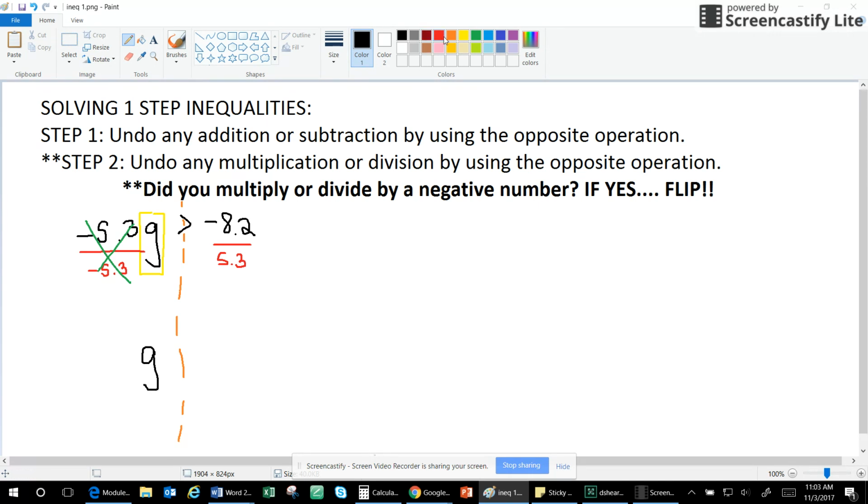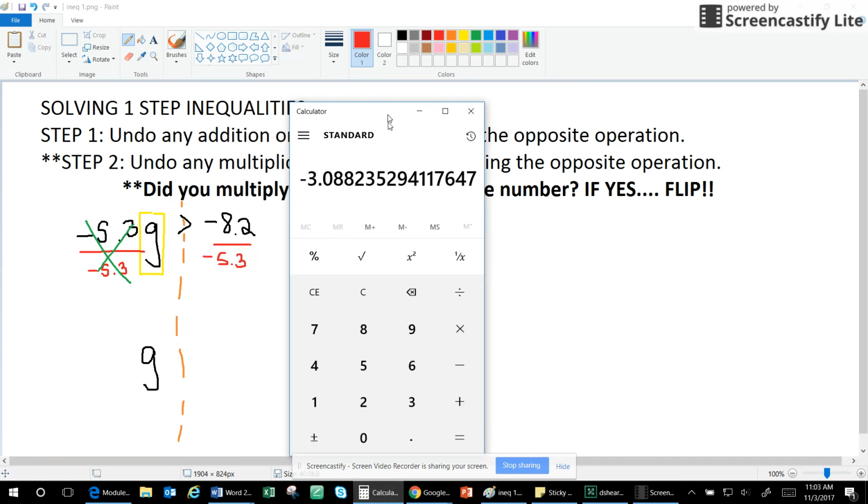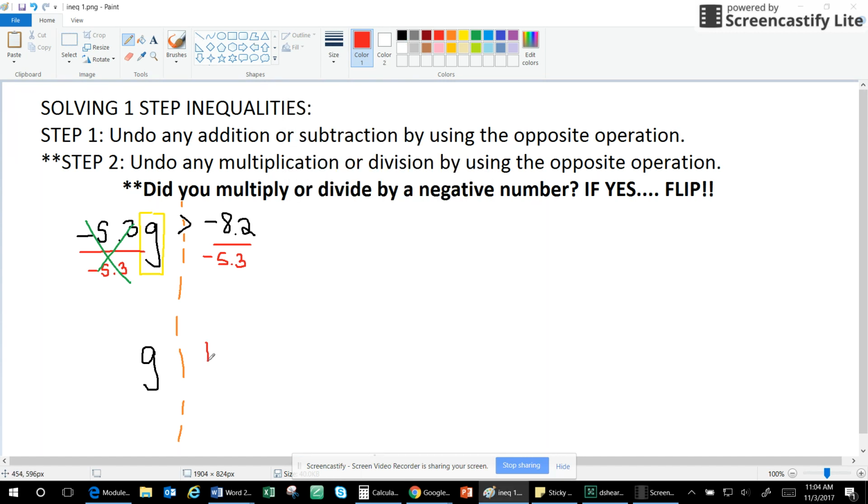And I forgot my negative sign here. But we have negative 8.2 divided by negative 5.3, which is also positive, and I get 1.547, and it's going to keep going on. Now, this one, I divided by the negative number. I was the one who said I'm dividing by negative 5.3.